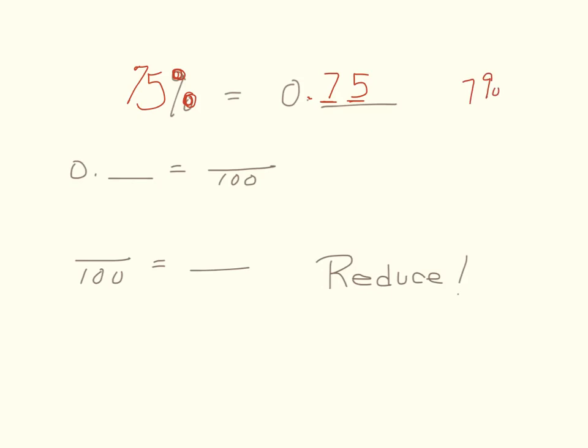If I gave you 7%, it does not equal 0.7. Okay, watch out. 7% equals 0.07. There's always 2 spaces that have to get filled up. You fill in the smaller amount first. So this is over here, 5 is 5 ones. So that's the smaller amount.